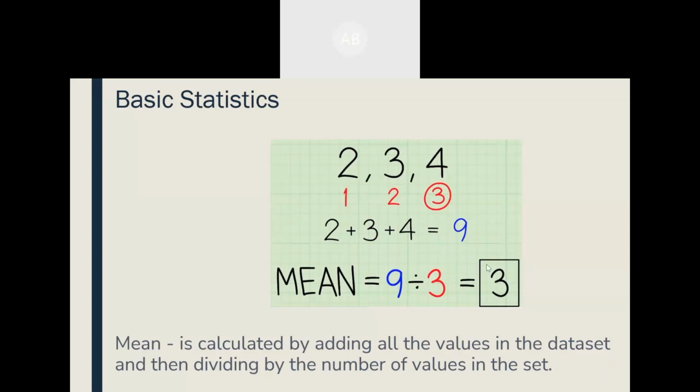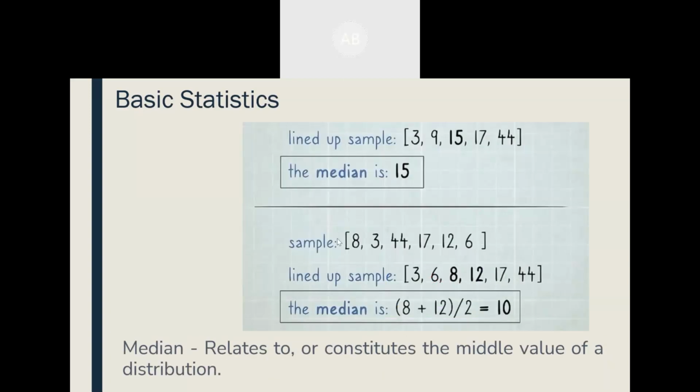Then for the mean, we divide 9 by 3, since we have 3 values, and we get a value of 3. So mean is an important parameter which describes your sample.